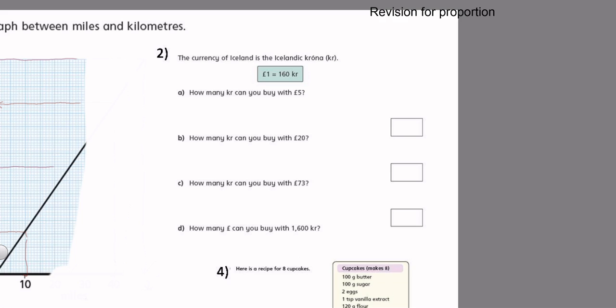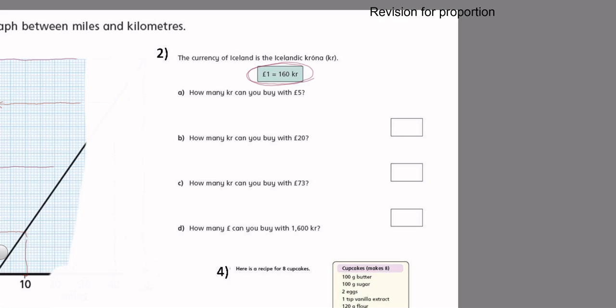India and Pakistan use rupees, and so on. But that does not mean, for example, £1 is exactly the same as 1 rupee. Right? That's not how it works. In this question, if you look over here, what I've just highlighted, £1 is the same as 160 krona, and that's currency for Iceland.